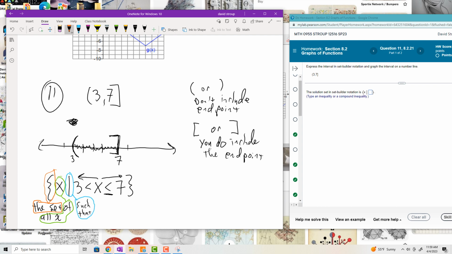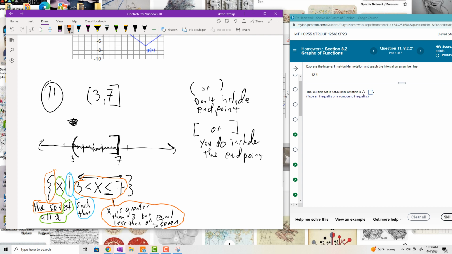And then that phrase right here: x is greater than 3 but less than or equal to 7. And that's it. Okay, so that's our set builder notation.